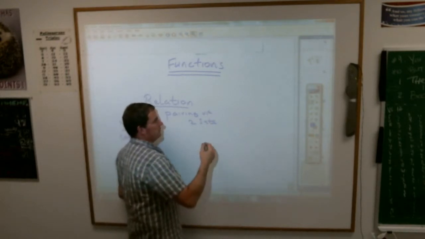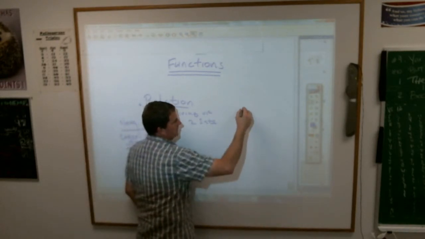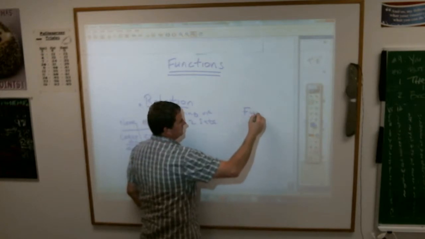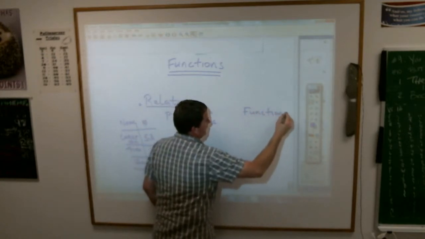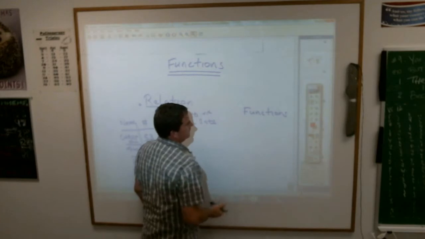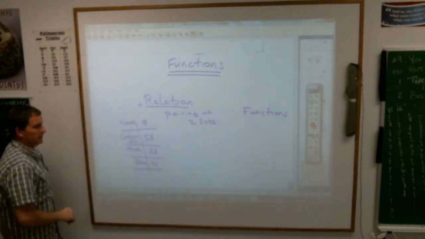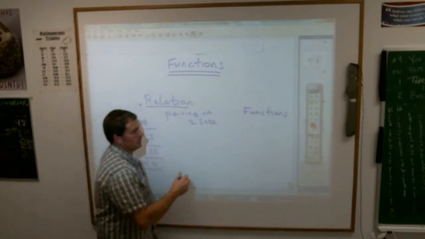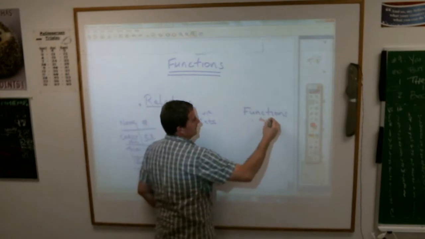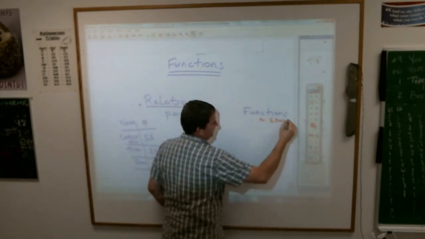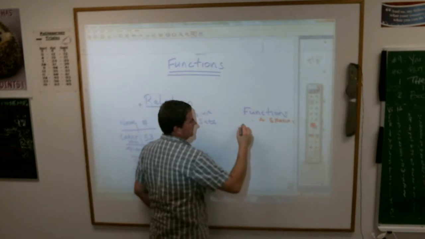Today we're talking a little bit more specific, and we're talking about functions. And functions came way back in the chapter long ago, 41 actually, where a function is a specific relation. Here's where it gets a little dicey. It is a relation.